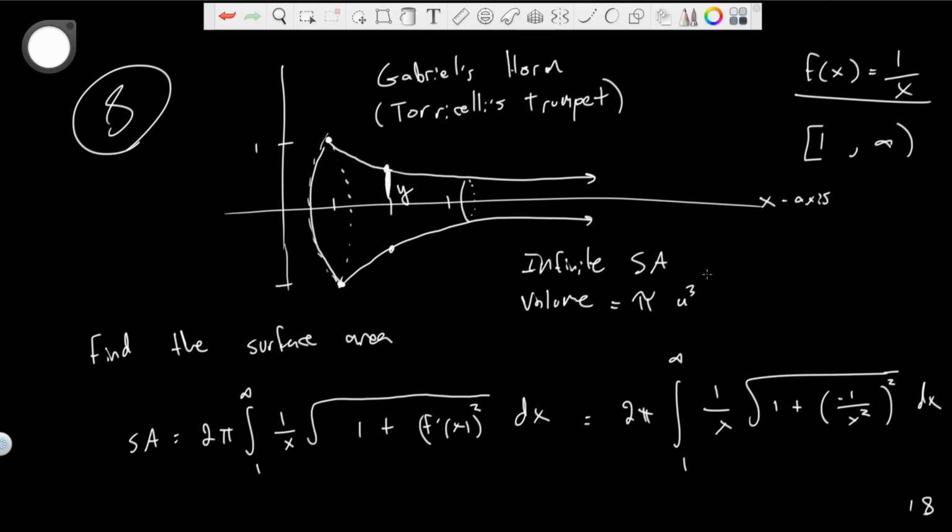If I try to paint the outer surface of this, I will run out of paint. So I can fill it with paint, but I can't paint it. And now that I've broken many of your brains, I'm going to stop there.